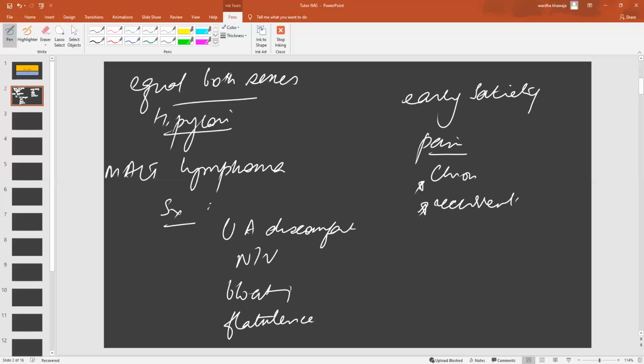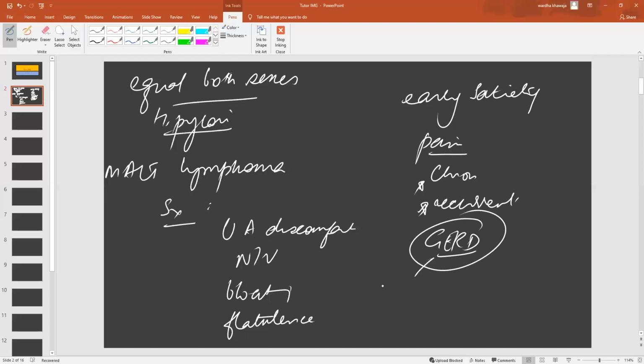Now, because of this, sometimes we can have a differential of GERD cross-acting with the peptic ulcer disease. But if they do have prominent heartburn and acid regurg, then you need to assess for GERD first and move to peptic ulcer disease later.